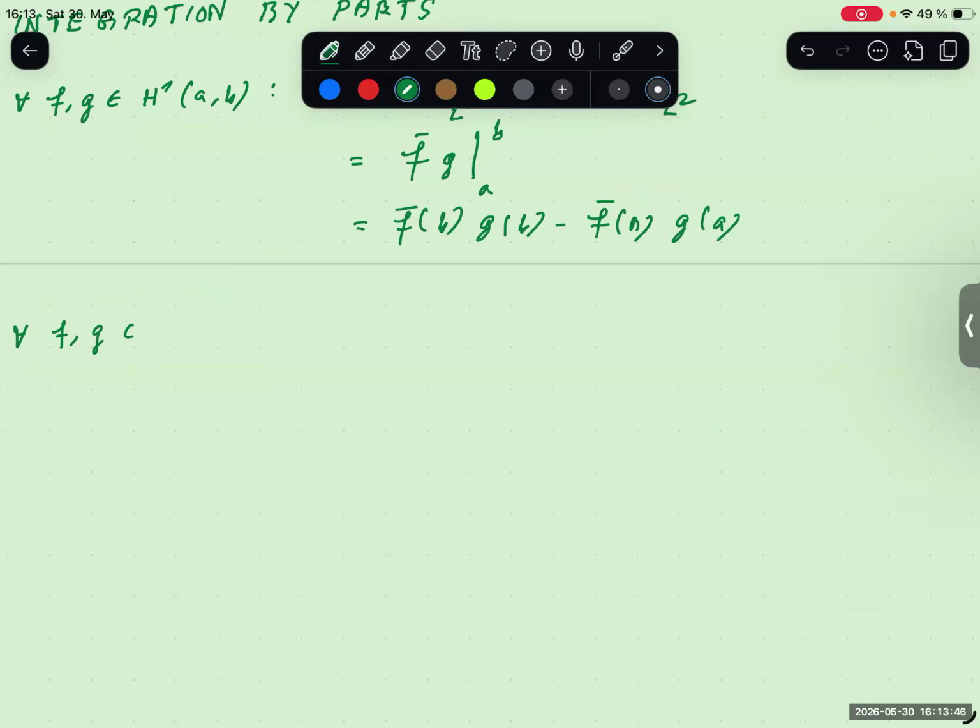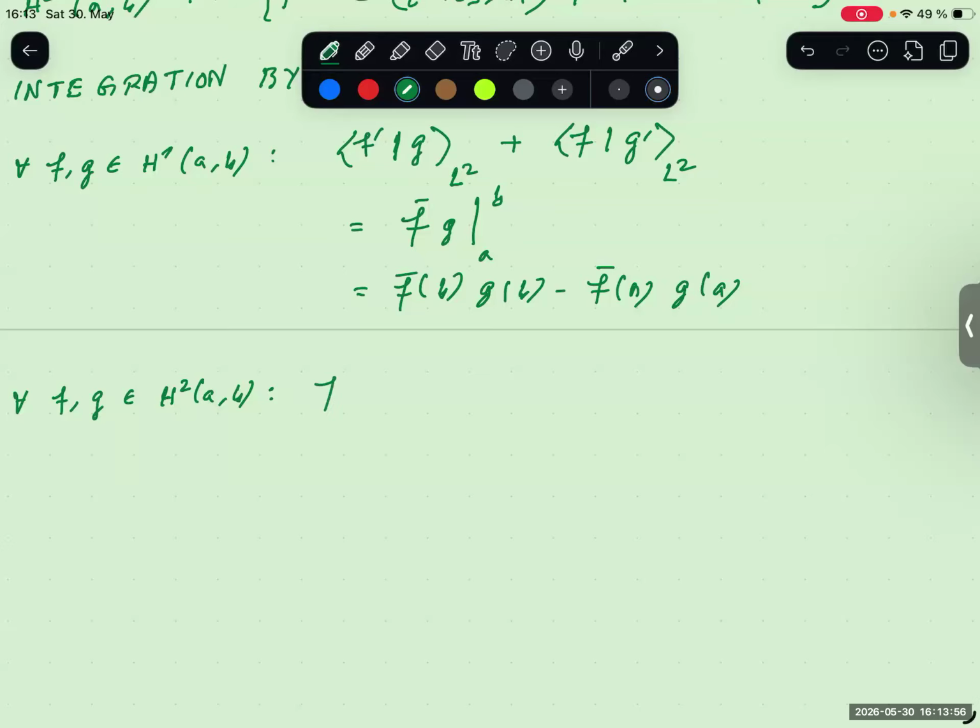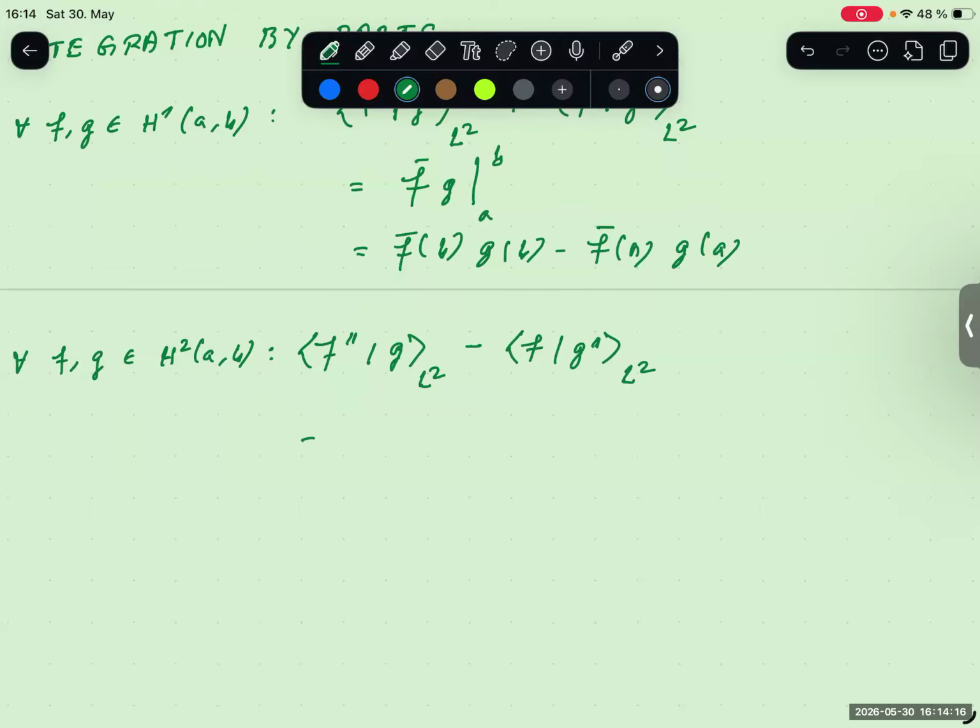Now we consider the other space. For all f, g in H2 on [a, b], so if the double derivative of g is in L2, minus f double derivative of g in L2, and by integration by parts, this gives the first derivative of f times the complex conjugation of g, minus the complex conjugation of f times the first derivative of g, from a to b.